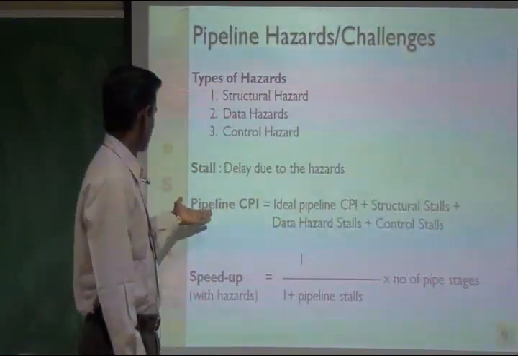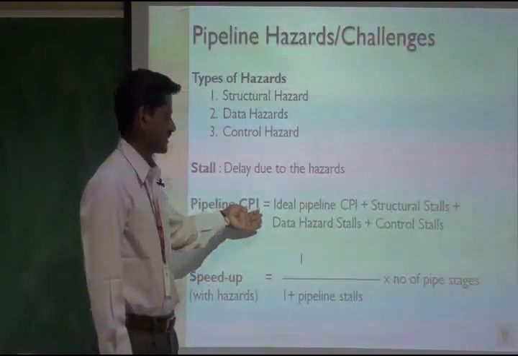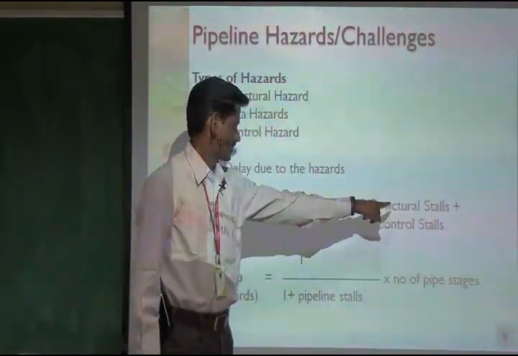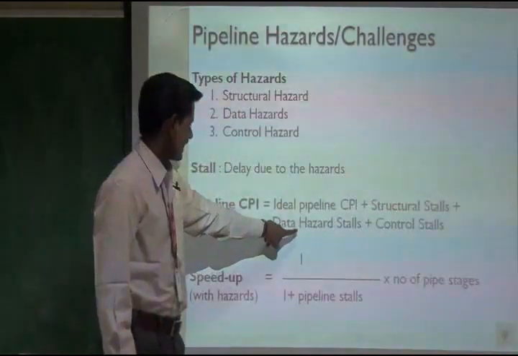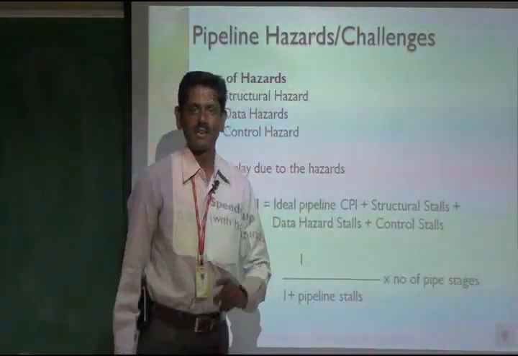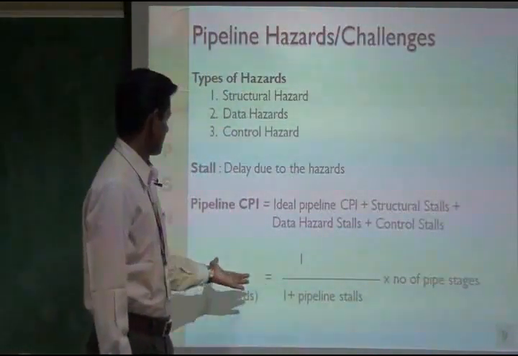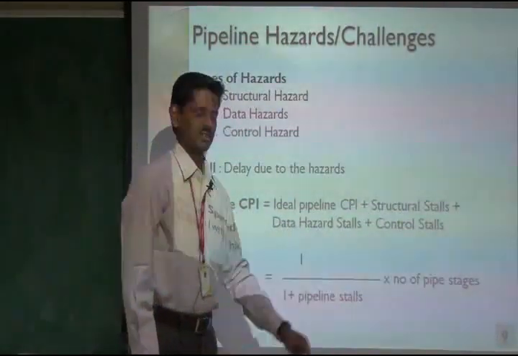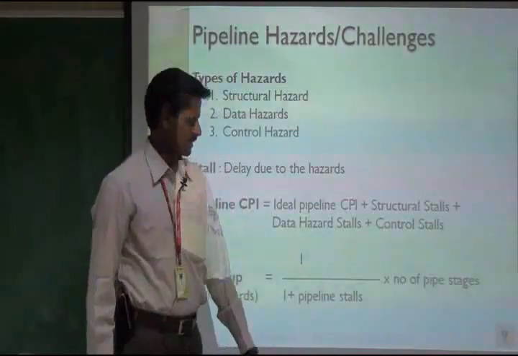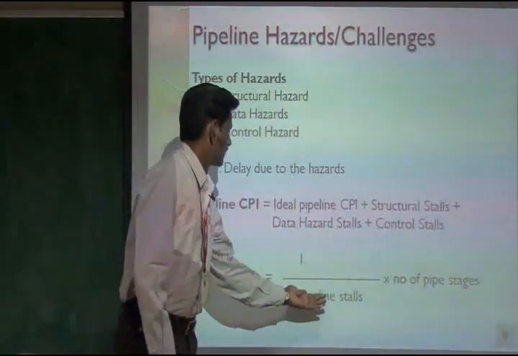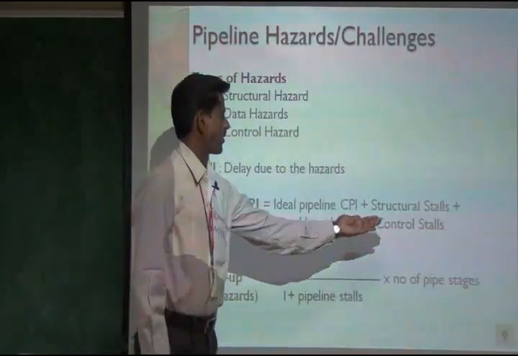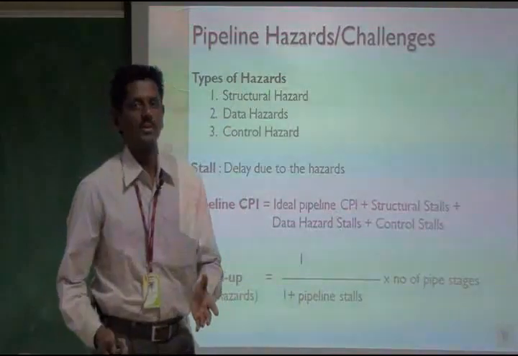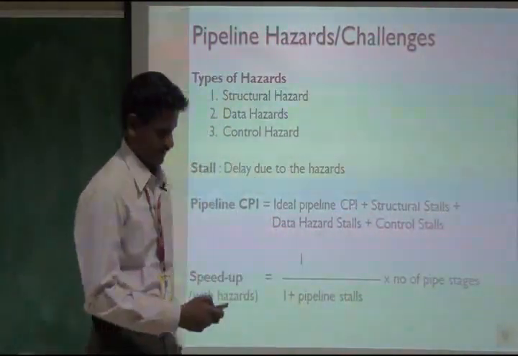So the pipeline CPI, cycles per instruction, is the actual execution time plus the time for structural stalls, data hazard stalls, and control hazard stalls. So the speed up equation may be rewritten as 1 by 1 plus pipeline stalls, into the number of pipe stages, right? So if the number of stalls is increased, the overall speed up may be decreased. So here the challenge is how we are going to reduce the number of stalls.